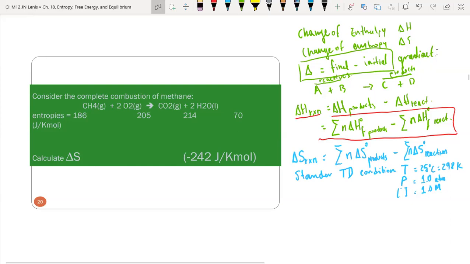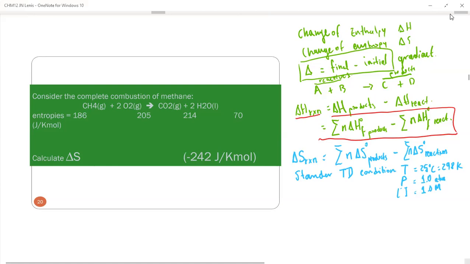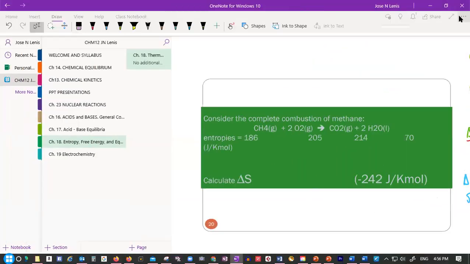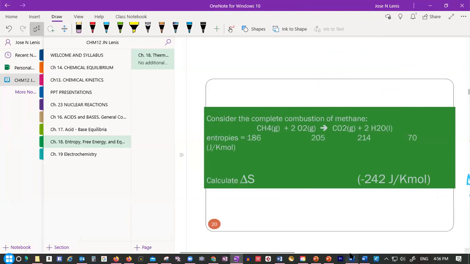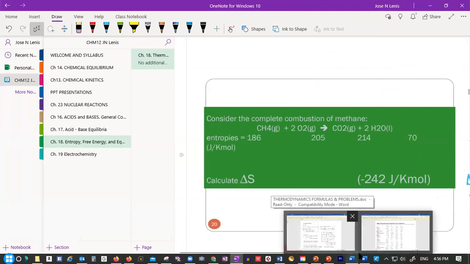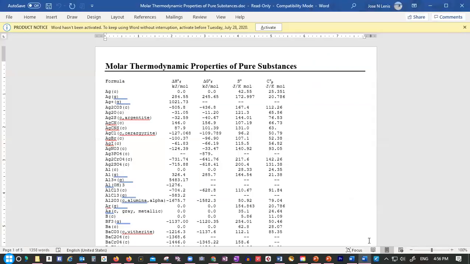Let me show you. This is one version of that. Molar thermodynamic properties of pure substance. You see, molar is for 1 mole of every substance.